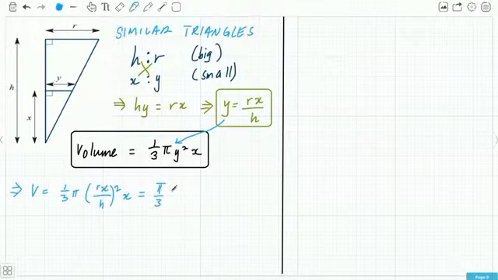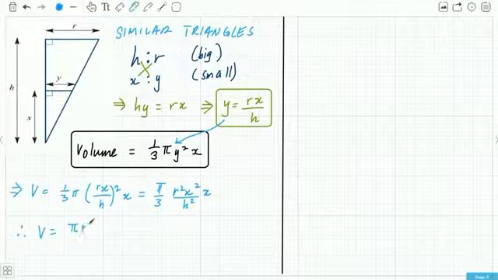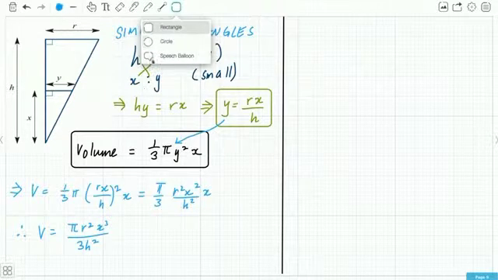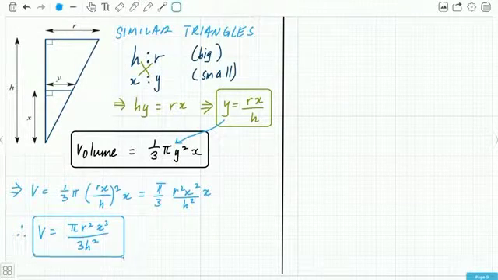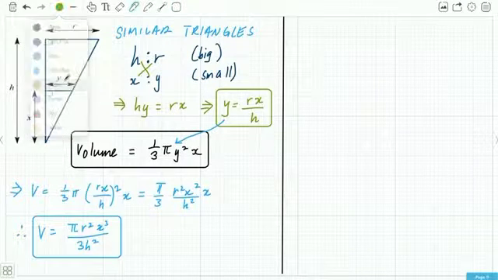So that's going to be pi on 3 times r squared x squared on h squared times x, and that means that V will be given by pi r squared, this will become x cubed, over 3h squared. So that's our relationship between V and x, which is going to help us out with finding dx/dt.